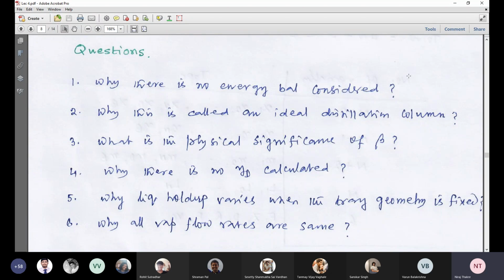What's your roll number? 19CH10037. Yeah, in some sense, it is correct. But still, sir, there should be some energy balance at the condenser and reboiler, right? Oh, that we have neglected, no? Thermal balance, you were saying, no? Yes, sir. Yeah, that we have neglected.